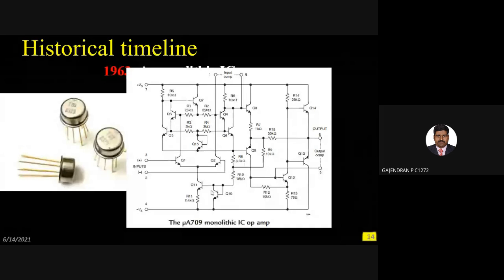And another variety is μA741. Still, this is the most popular kind of IC that we use in the laboratory, in all board development.